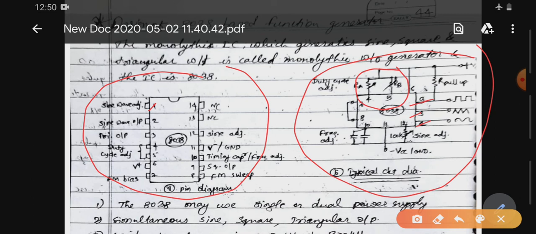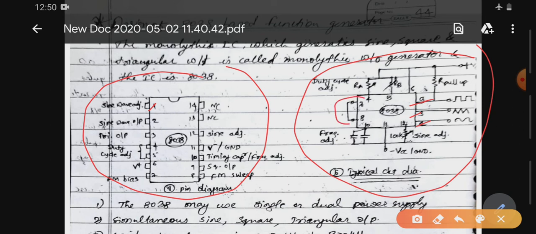You know the perfect square wave has 50% duty cycle. Both are connected to plus VCC. RA and RB, their combination is connected to plus VCC. Pin number 7 and 8 are not used in this function, therefore they are shorted. Here you can see pin number 7 is shorted with pin number 8.